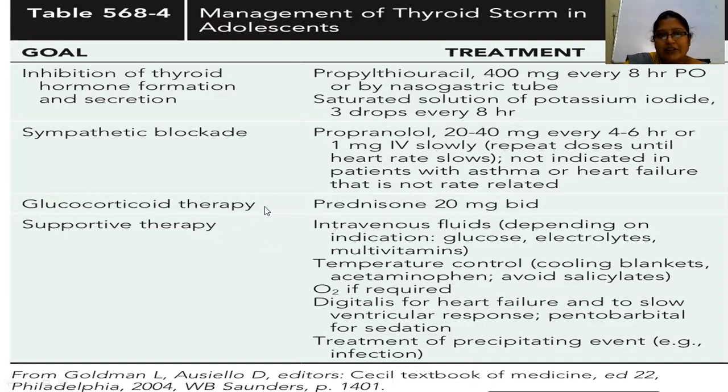Then glucocorticoid therapy, prednisolone 20 mg BD, and supportive therapy in the form of intravenous fluids, temperature control, oxygen if necessary, dialysis in case of refractory failure, and treatment of precipitating events like infections.